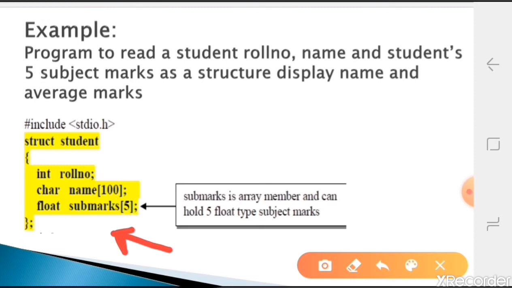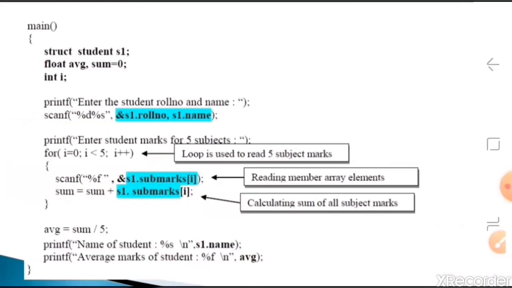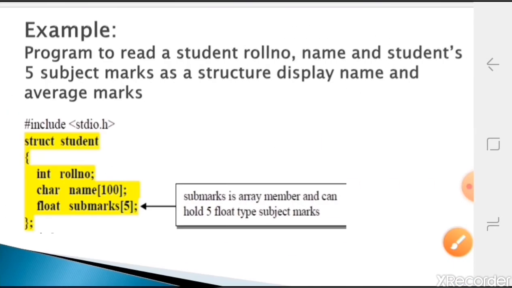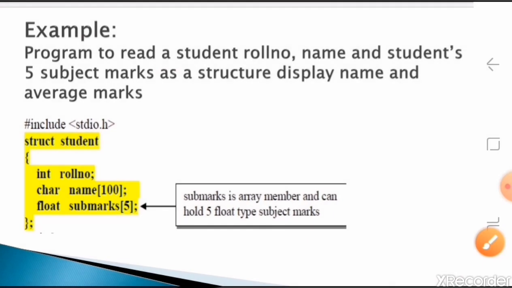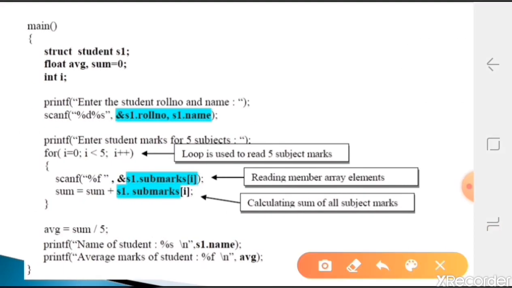Now we'll see how to write the main function. The first line is the declaration of the structure variable, struct student s1. As the program reads a single student's information, we declare just one structure variable s1.